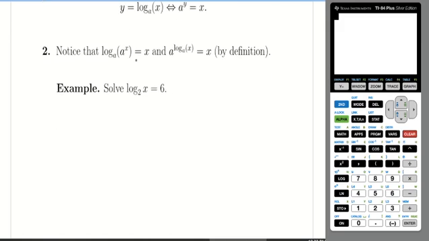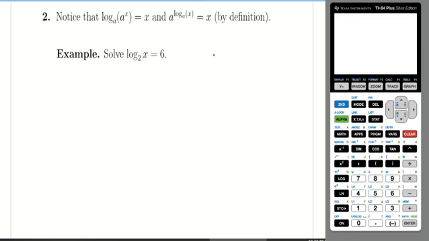If you take a logarithm with the same base of an exponential, the log and the exponential part cancel out. You're just left with the exponent. So log base a of a to the x is x. By the same token, a raised to the power of log base a of x is just x. And that's just by the definition of logarithms.